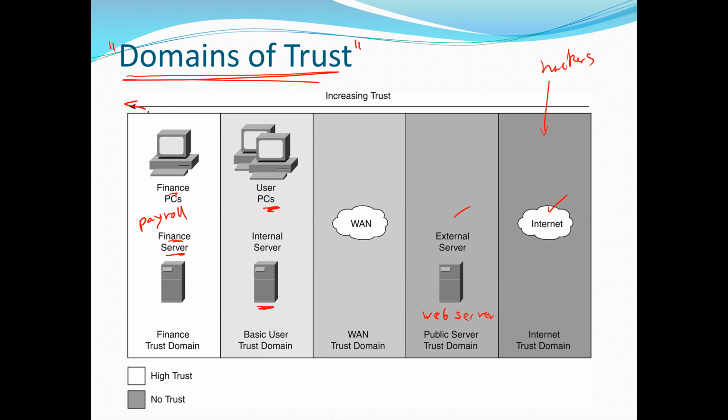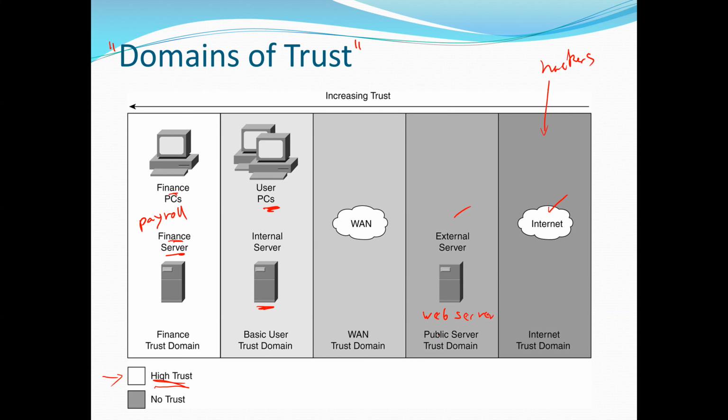You can see the line here is pointing in that direction. As you go from the internet all the way to the internal network, the trust level goes up. Here it's darker, so no trust. High trust starts to become lighter. This is an important concept because as you do network segmentation, you think about what you are concerned about.